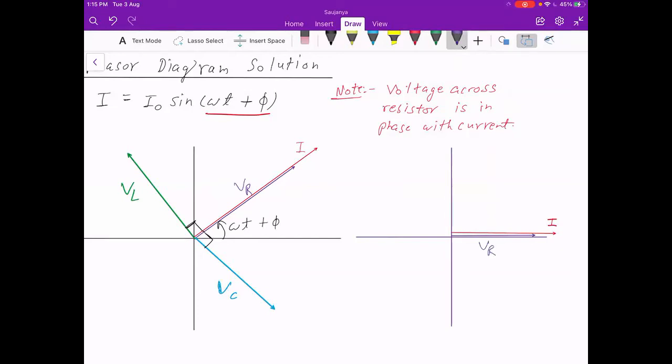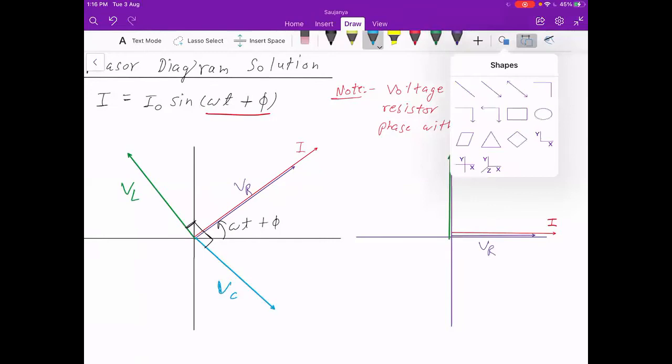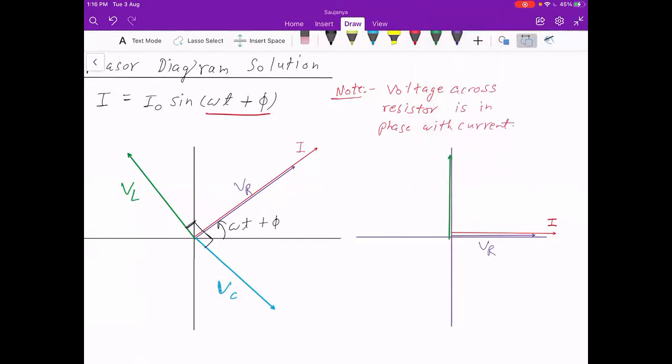Then I'm going to have the inductive voltage and the capacitive voltage in this manner. So I have VL and VC going like this. Now it's much easier to solve the diagram. Earlier also it was easy, but now it's even more simple because geometrically it's very pleasing to the eye.